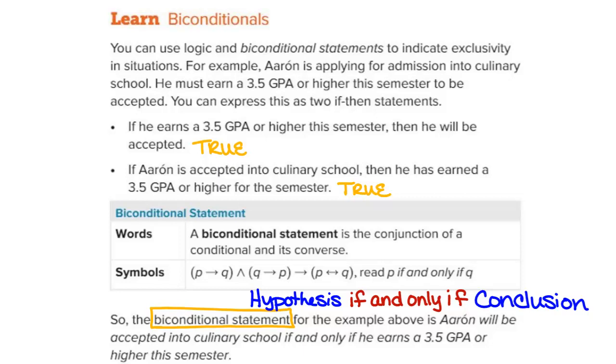Hypothesis, if and only if, and then conclusion. So with this situation with Aaron, the biconditional statement would sound like this: Aaron will be accepted into culinary school if and only if he earns a 3.5 GPA or higher this semester.